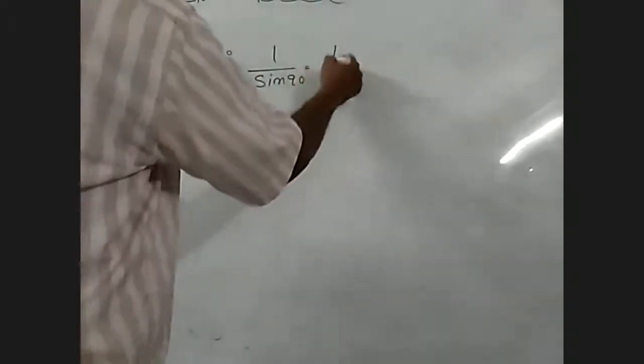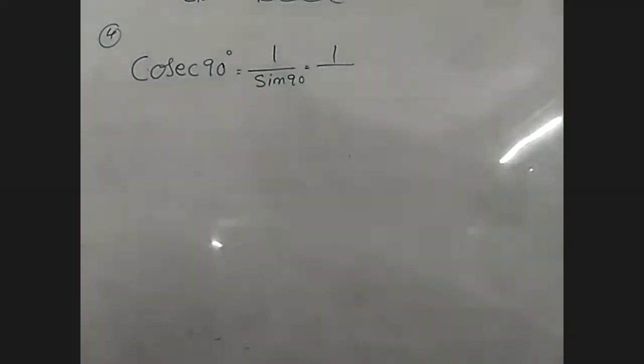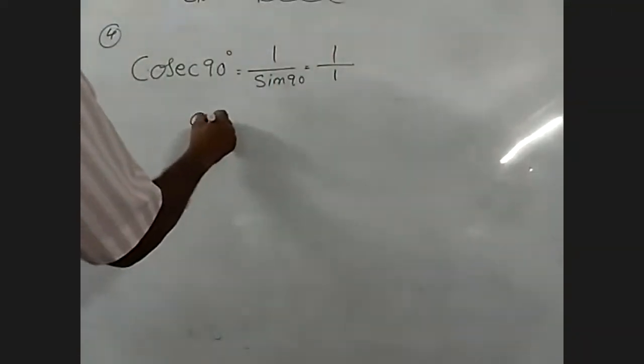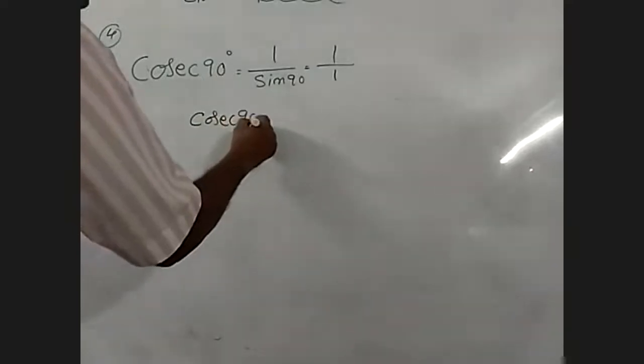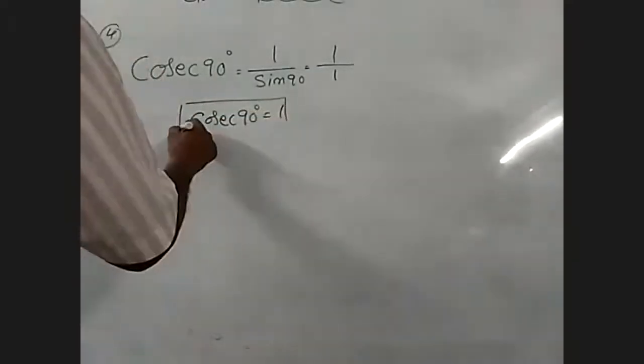What is the value of sin 90? In the number 1, you see sin 0 is 0, sin 90 is 1. So 1 by 1 is 1. Therefore, cosecant 90 is equal to 1. Write down in your notebook.